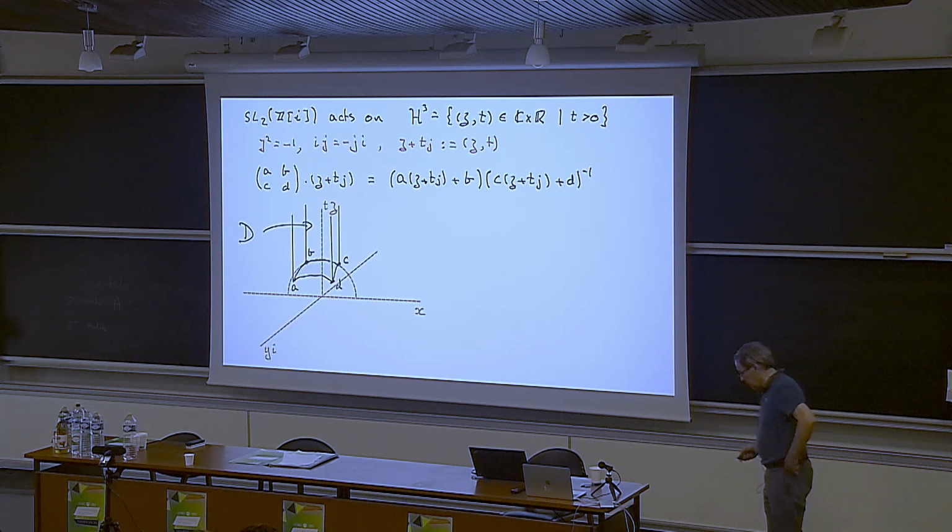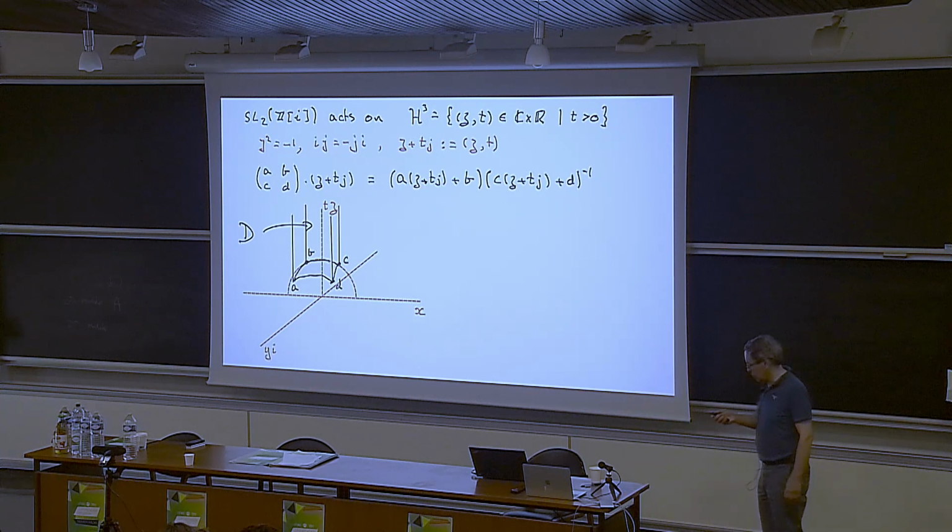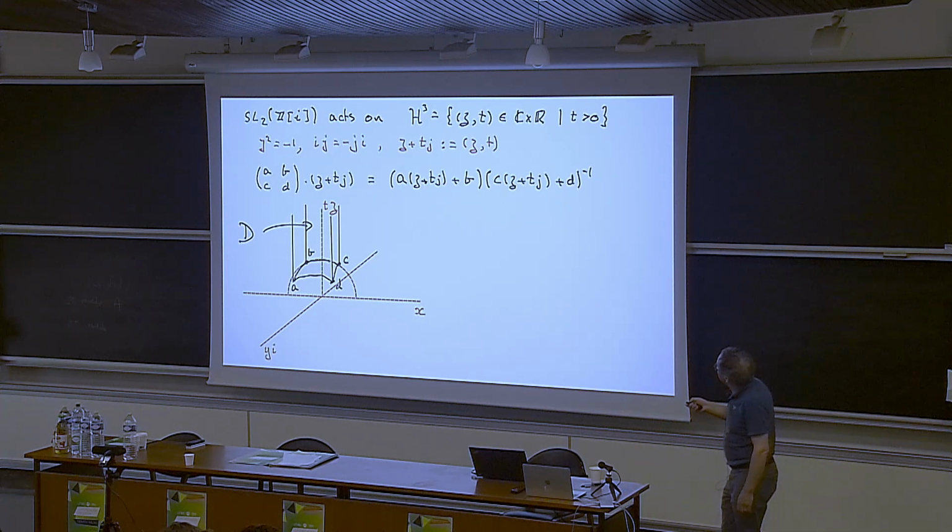Then you need a fundamental domain. So now you're in three-dimensional space. We saw this in Herbert's talk. A fundamental domain in this particular case is this portion of hyperbolic 3-space, above a sphere.